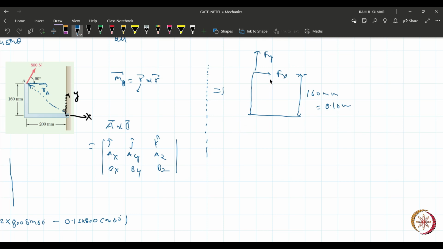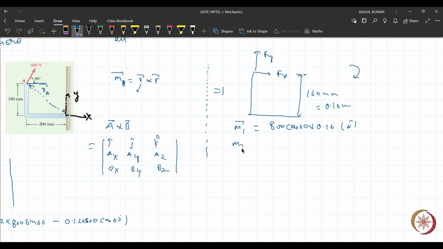So by using this component, if you use M1, then what will be the moment? F into perpendicular distance, right? So what will be the F? 800 cos 60 into 0.16, right? And what is the sense? Sense is this, right? So you can consider K cap.